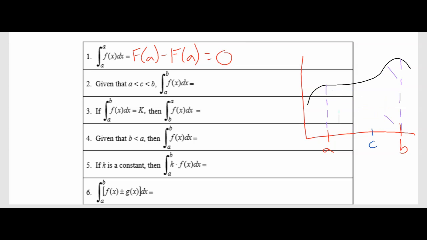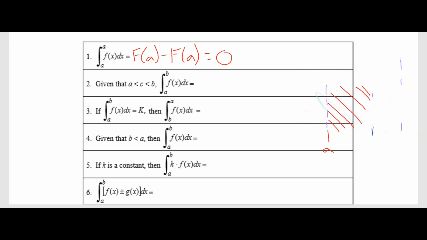But I could also break this integral up at c, find this area, and add them together. And those are both going to be the same as if I just found the entire area. You may say, well, why would I need to break this up if I could just do the whole thing? Well, sometimes it'll be much easier to evaluate the integral in pieces than it would be to evaluate the whole thing in one shot.